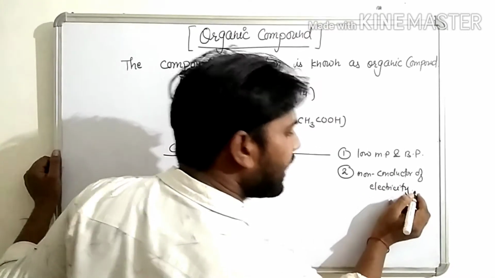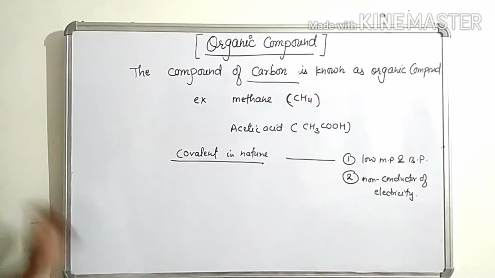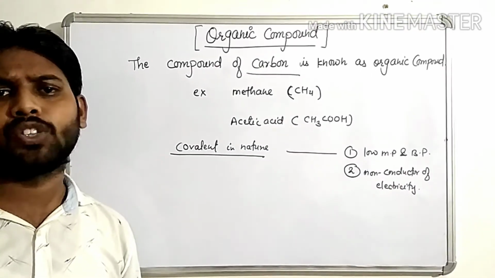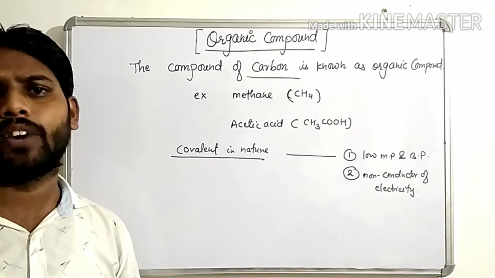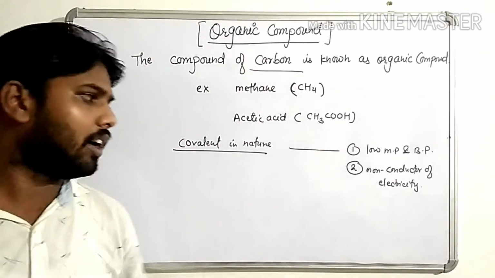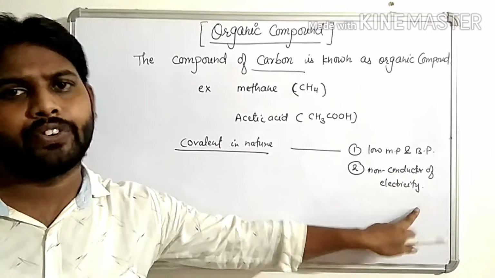The reason is that if the compound is covalent, there is an absence of ions. That is why covalent compounds, meaning organic compounds, are non-conductors of electricity.